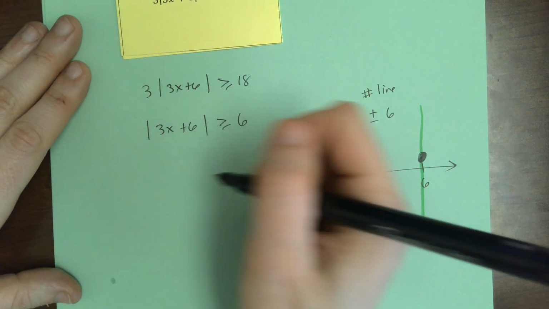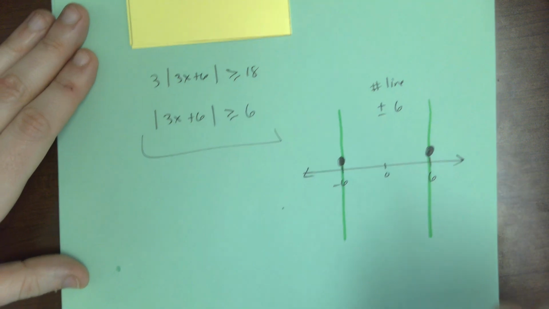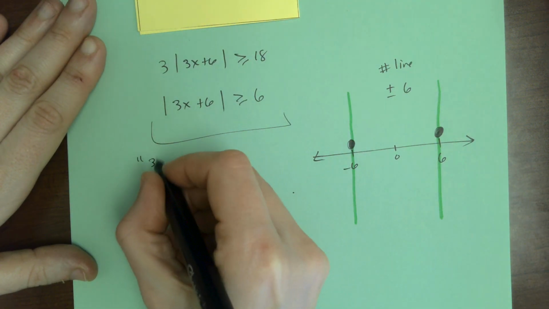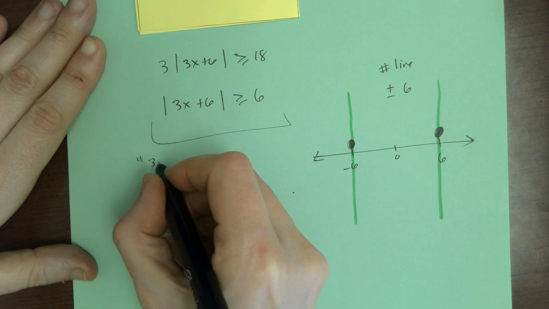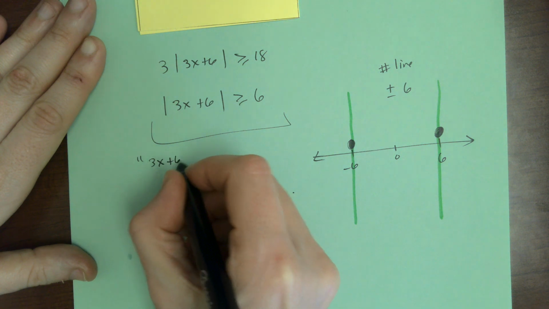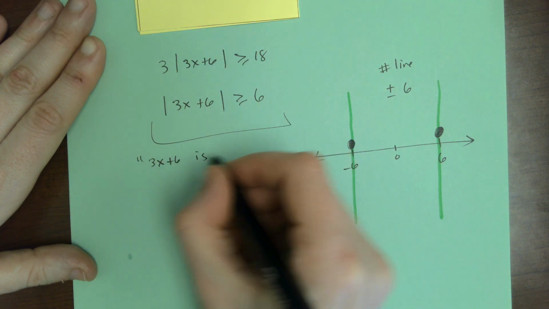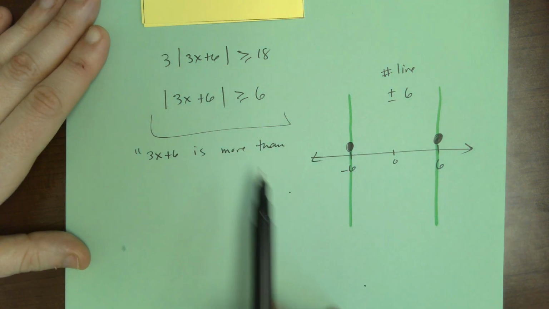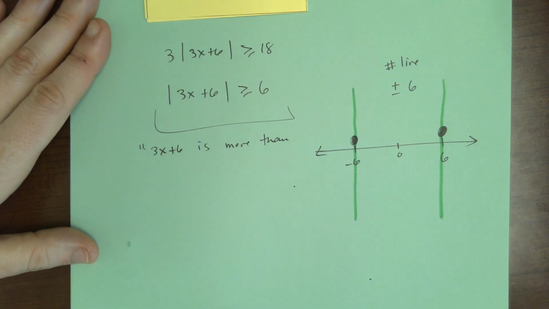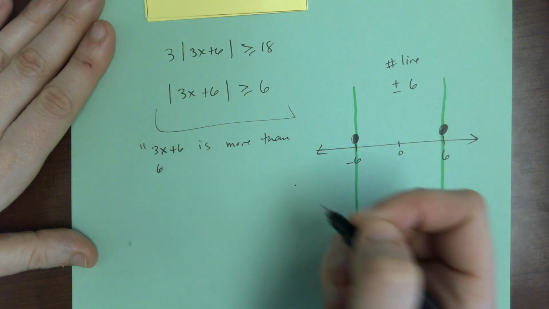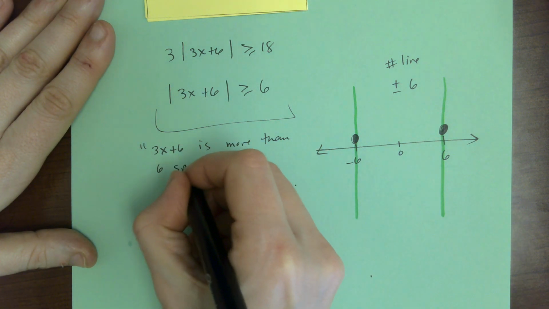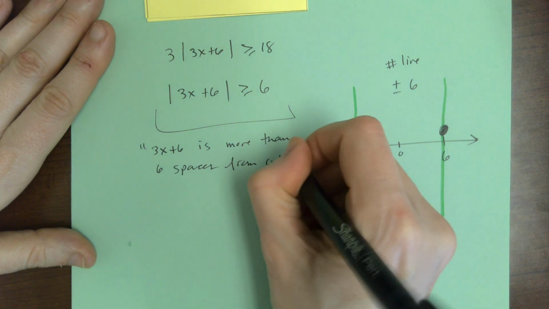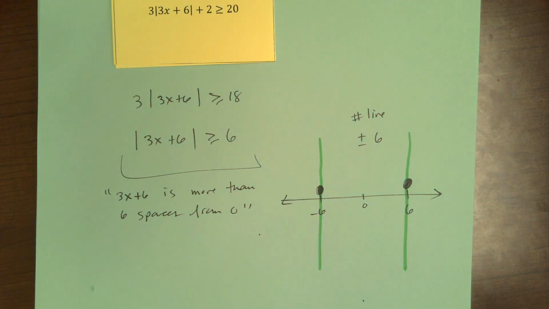What this means in words is, I'll do quotation marks because this is how you would say it, speaking: 3x plus 6 is more than, okay, more than or equal to, but I'll just say more than, is more than 6 spaces from 0. So that's what you want to think.